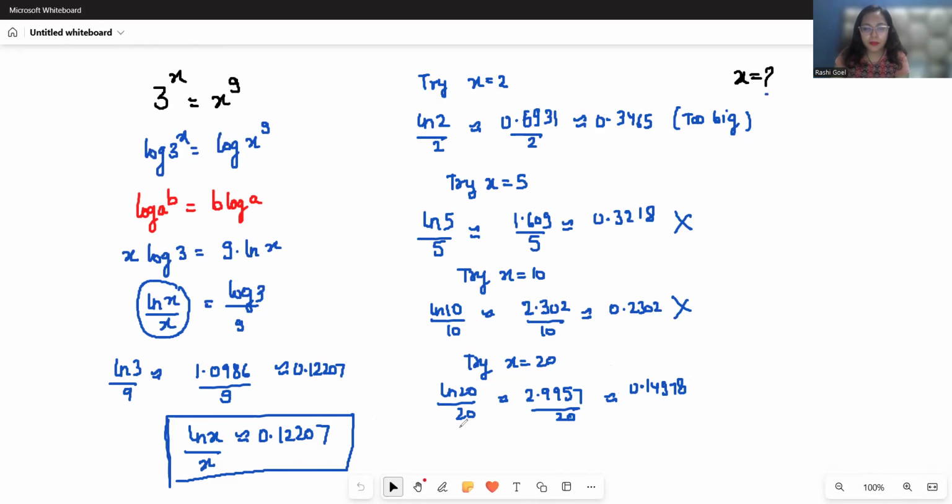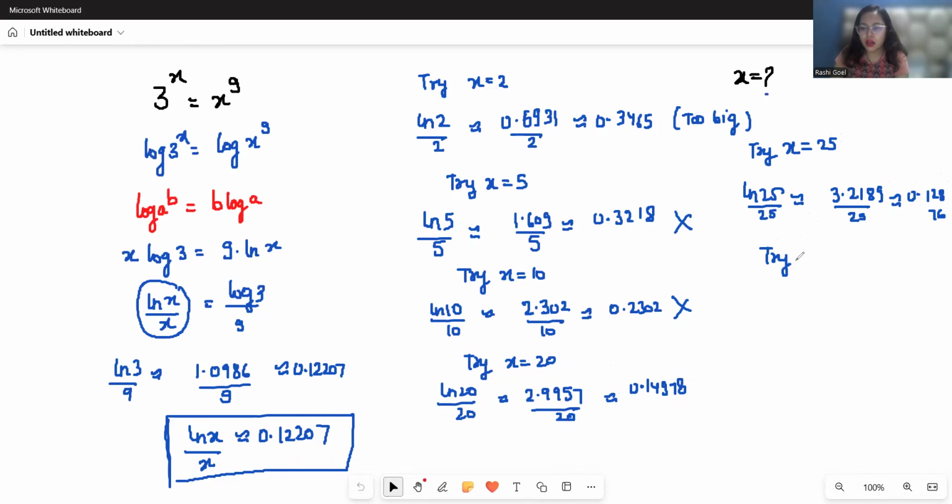Now let's try x is equals to 25. So log 25 by 25 is approximately 3.2189 by 25, which is approximately 0.12876. Okay, it's much closer.